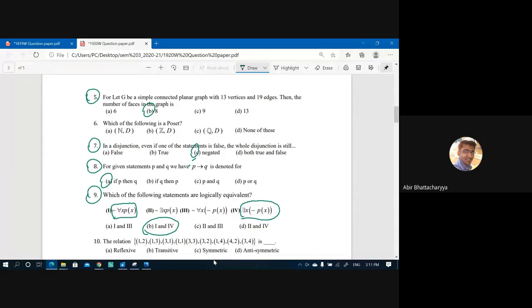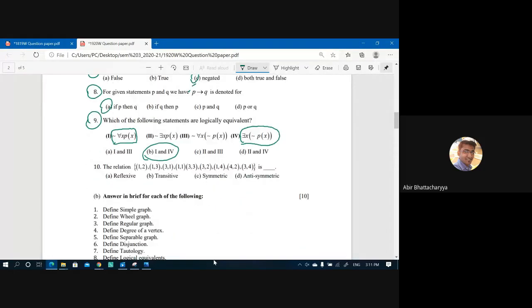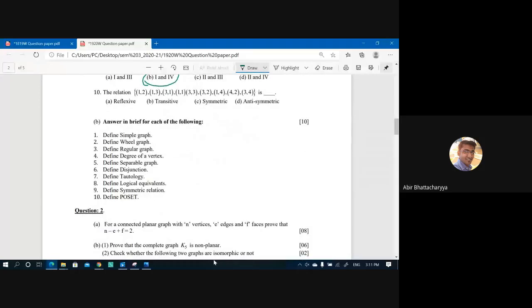Go for our next question. Next questions, you have already solved disjunction, no problem. Now write down the definitions of tautology and wheel graph.